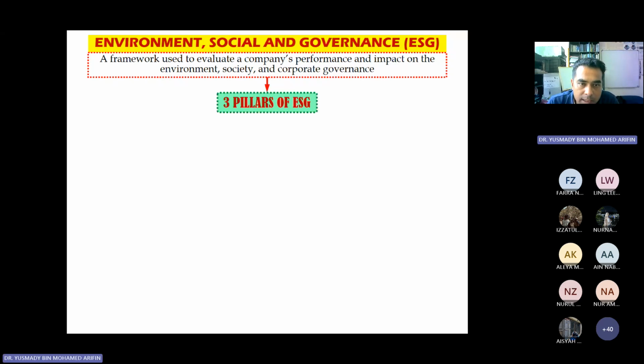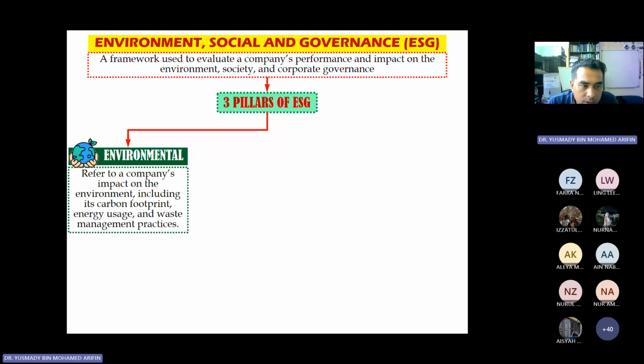There are 3 pillars of ESG. First, involved with environmental. The first pillar refers to a company's impact on the environment, including its carbon footprint, the release of CO2, energy usage, and also waste management practice. So under the environmental pillar, including the CO2 emission mechanism, energy usage, and also the waste management in that company.